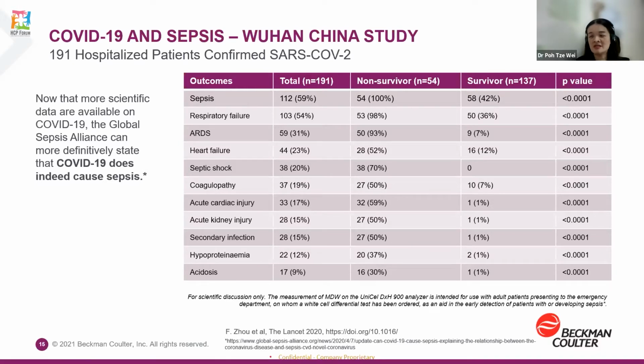It's really applicable to septic patients suffering from a variety of different types of infections. While MDW is not a test for COVID-19, the leading cause of death published in Lancet last year in 191 hospitalized patients with confirmed SARS-CoV-2 was actually sepsis. So again, there can be some utility in trying to screen for sepsis using MDW in such COVID-19 patients.